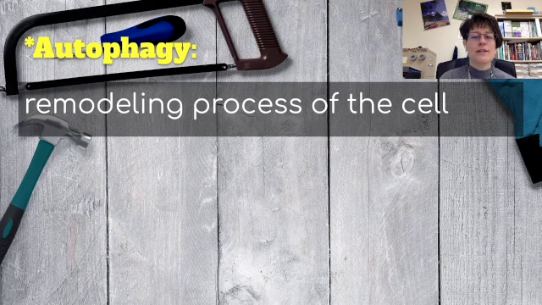The broken down parts will then go out into the cytoplasm to be reused by the cell. So we call that remodeling, or a recycling, reusing process that happens in cells.